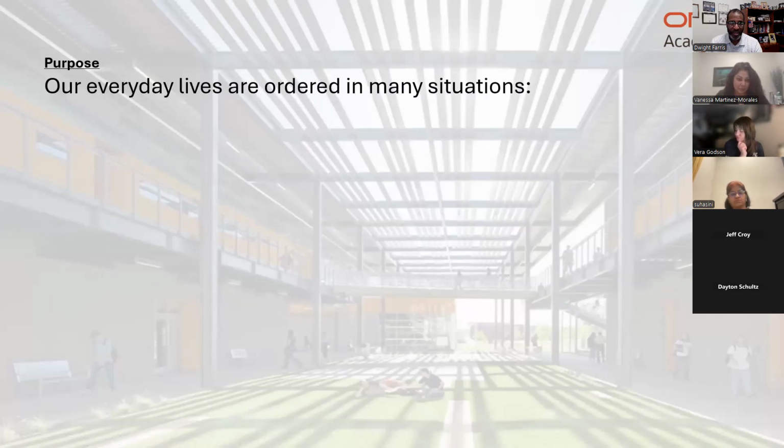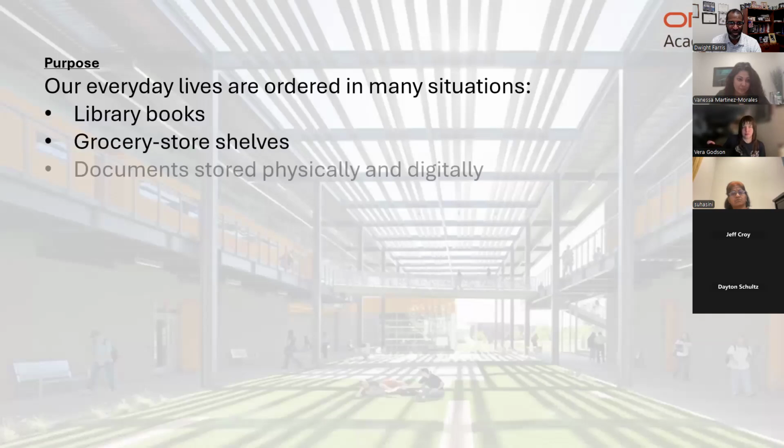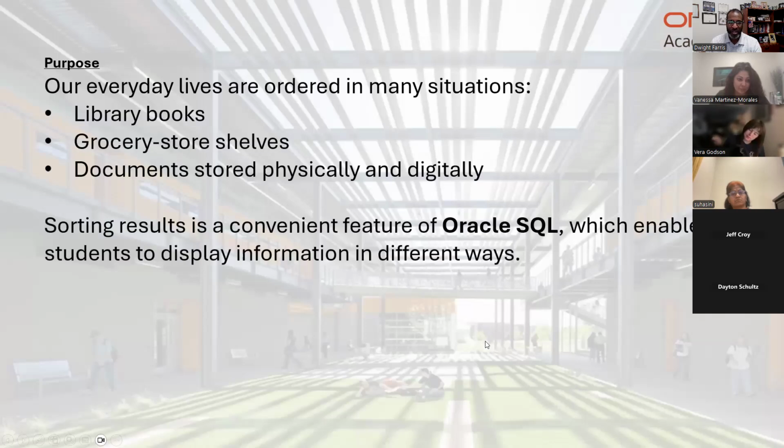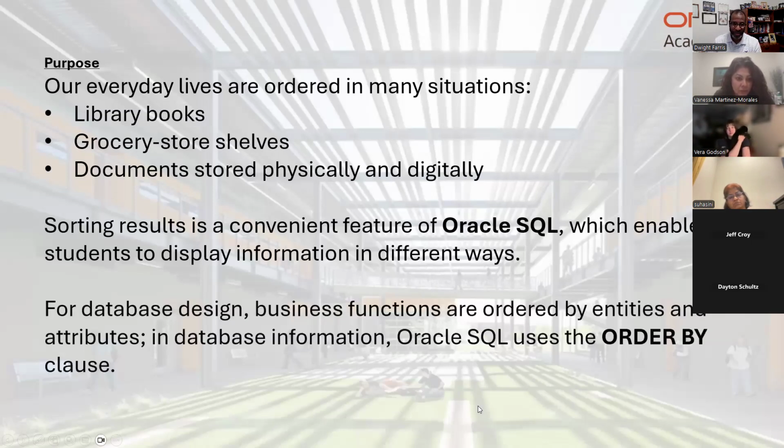So our everyday lives are ordered in many situations: library books, grocery store shelves, document storage, physically and digitally, mostly digitally now. Sorting results is a convenient feature of Oracle SQL, and basically it creates a way for us to display information in an orderly way, which is pretty important for database design, and it's still applicable now.